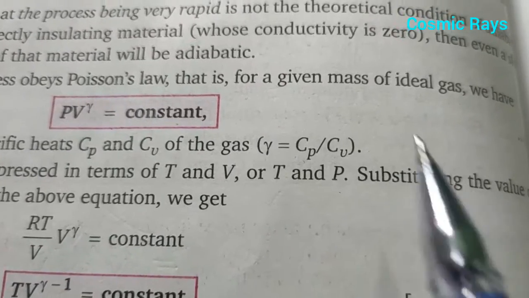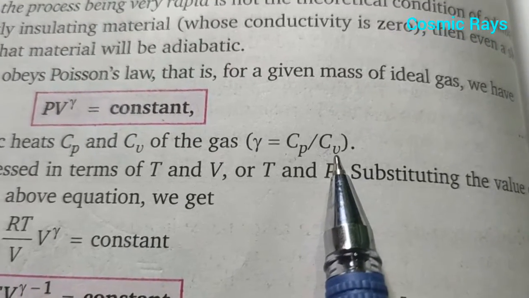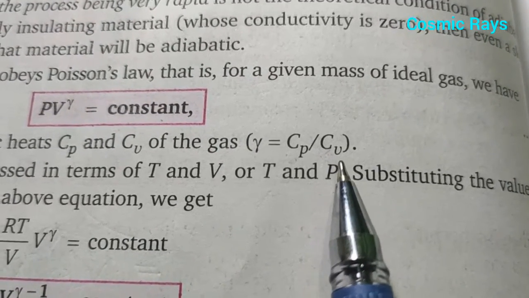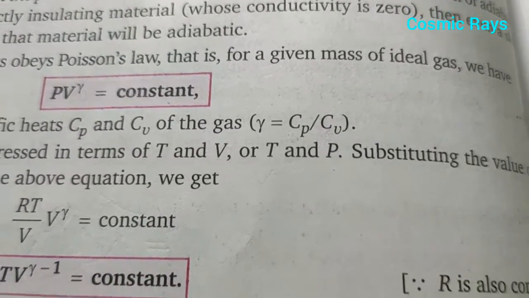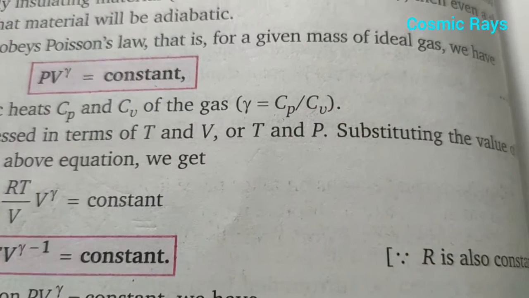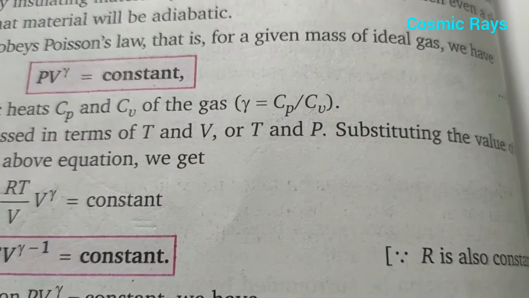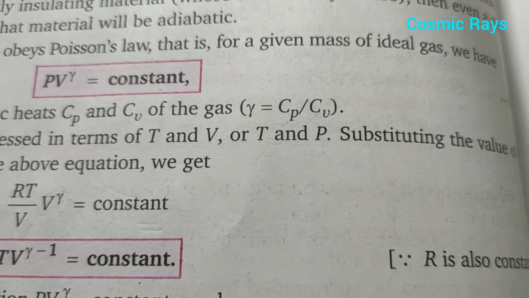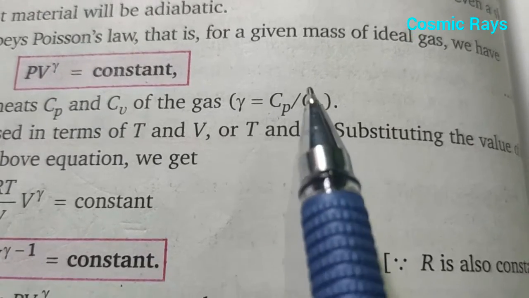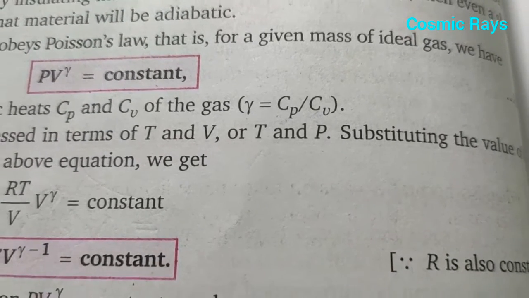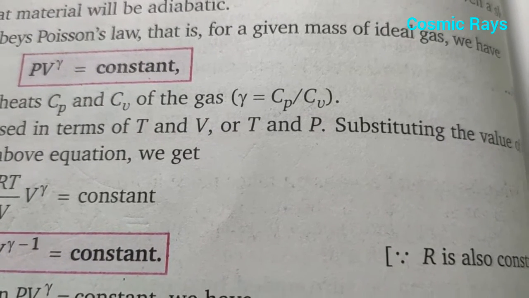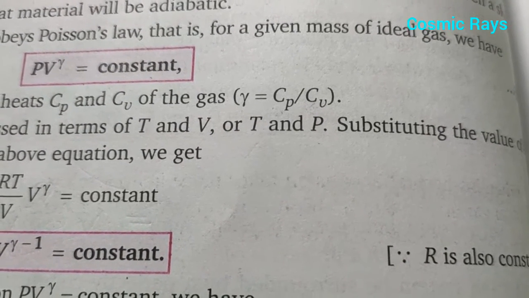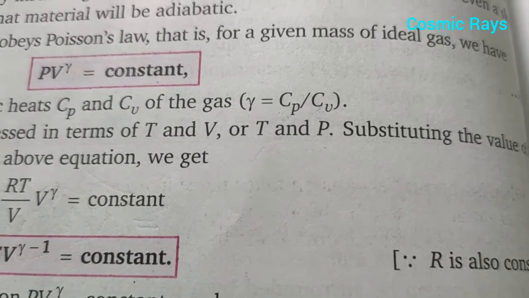And Cv is the molar specific heat at constant volume. How do we define molar specific heat at constant volume? It is the amount of heat required to raise the temperature of 1 mole of a gas by 1 degree, keeping the volume constant. Now if instead of 1 mole of gas we consider 1 gram of gas, then it will be simply specific heat at constant volume.